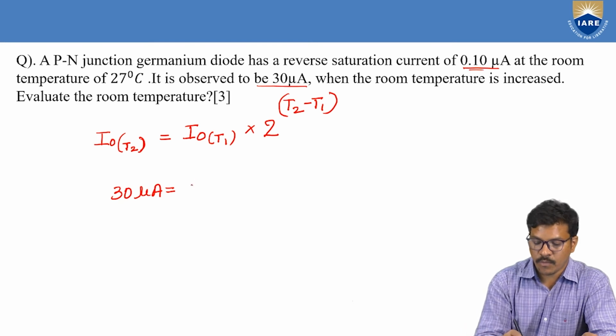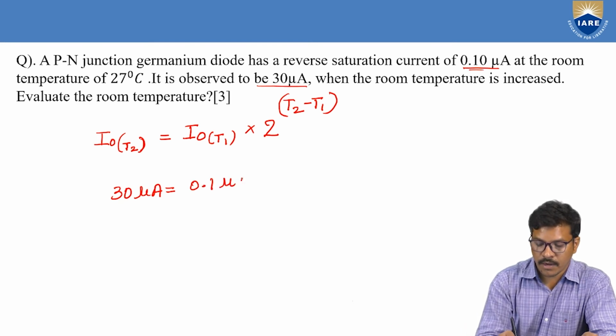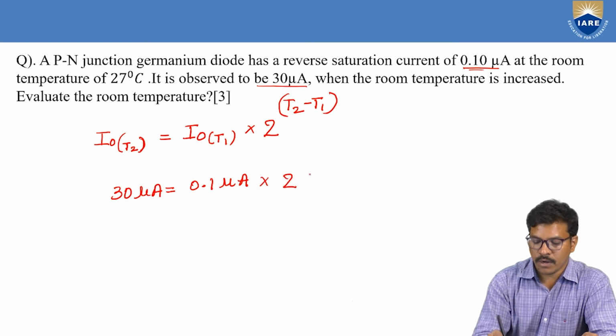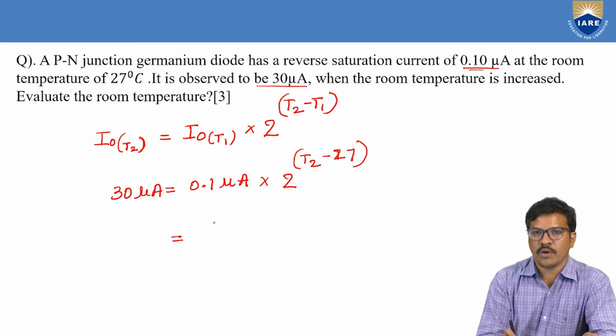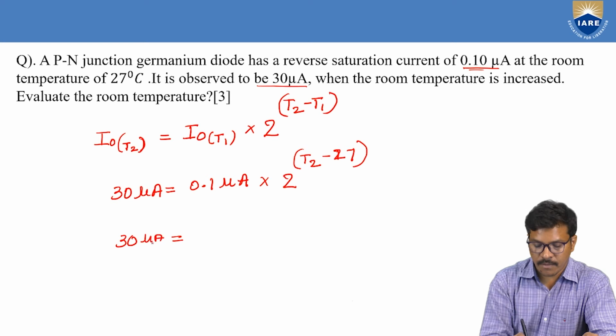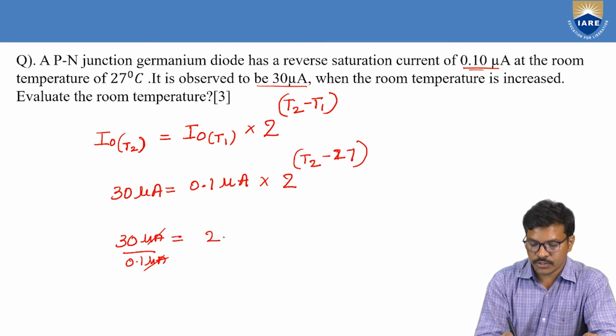I01 is given as 0.1 microampere, into 2 power T2 minus T1, where T1 is 27 degrees. We will take 0.1 microampere to the left, so 30 microampere by 0.1 microampere gives 300. So 300 is equal to 2 power T2 minus 27.